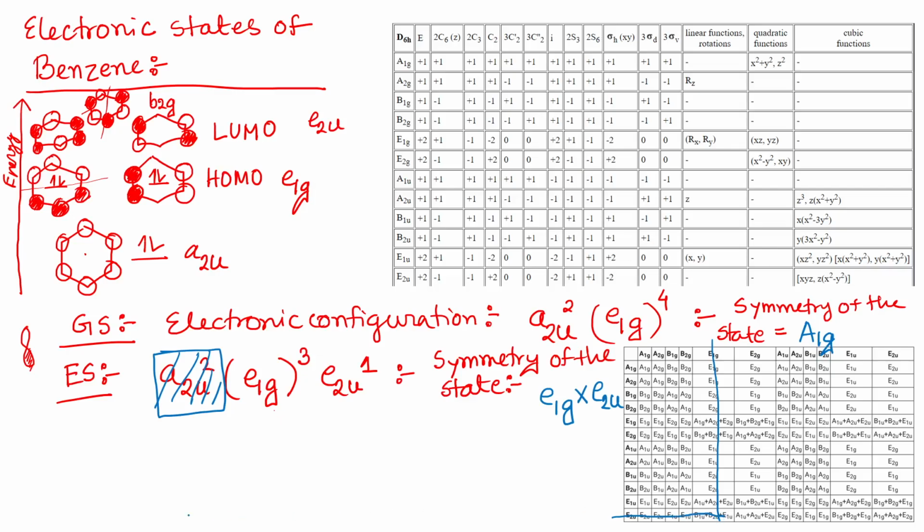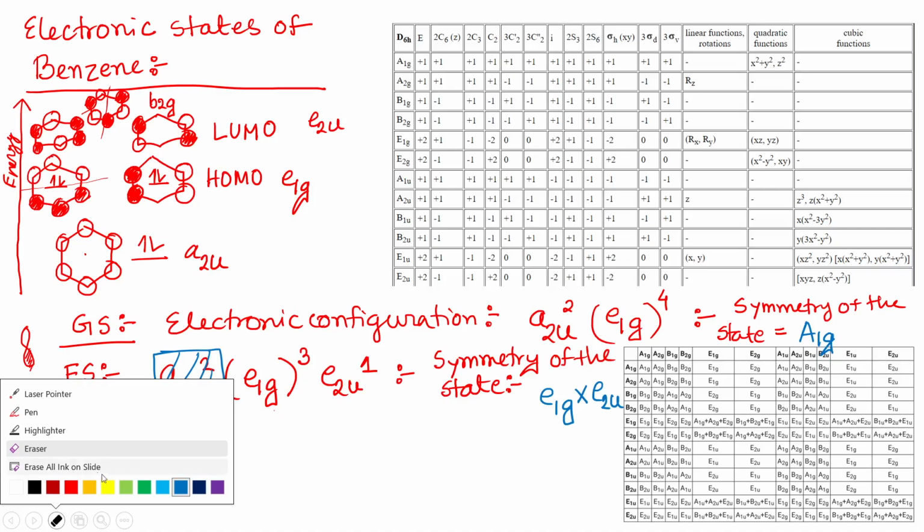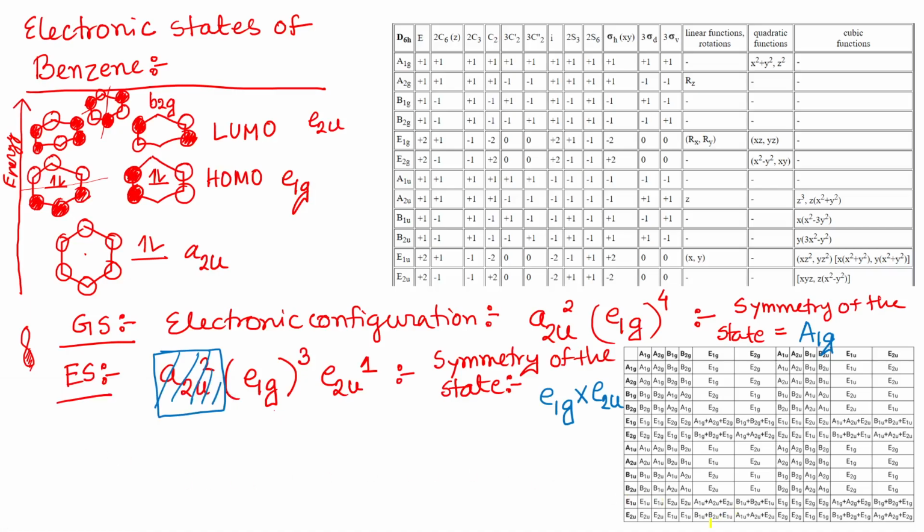So this is my product, right? Let me highlight E1G and E2U. First of all, G into U, so all is going to be U, right? So B1U plus B2U plus E1U.